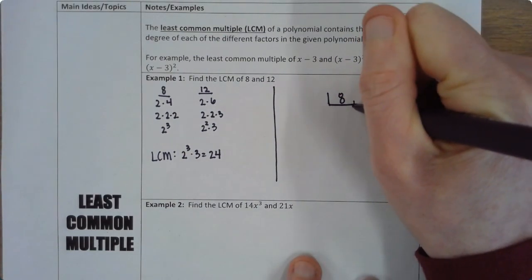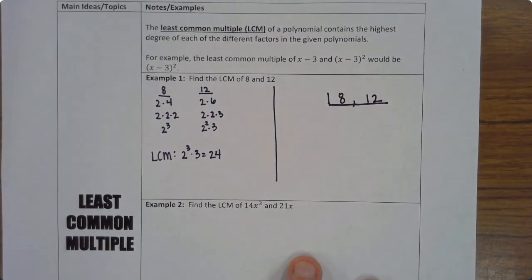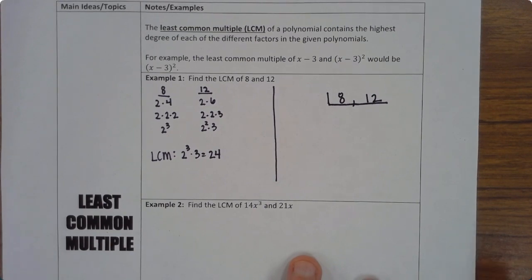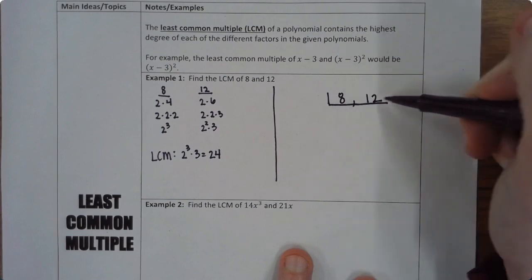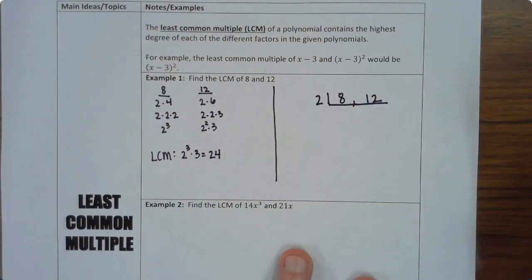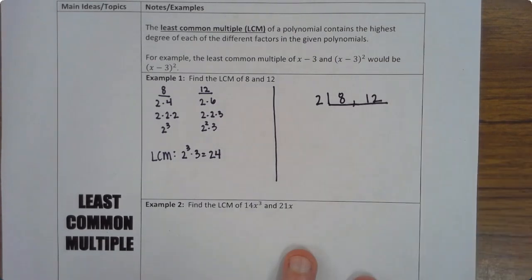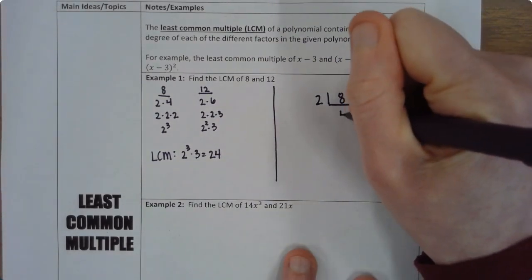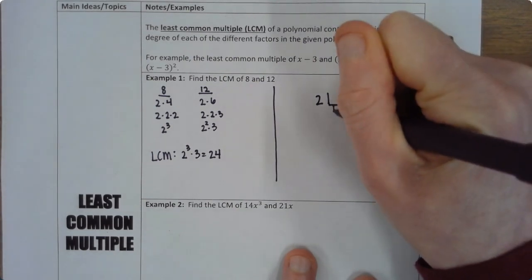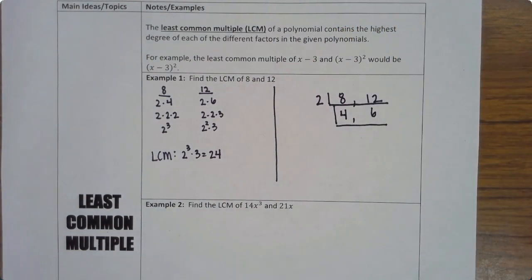So we have 8 and 12. I would just look at those two numbers and ask myself, okay, what do they have in common? What's a common factor? I know that they both divide by 2, so I would write that common factor out there. And then in the next tier, I would write what would happen if I divide both of those by 2. So I'm left with 4 and 6.